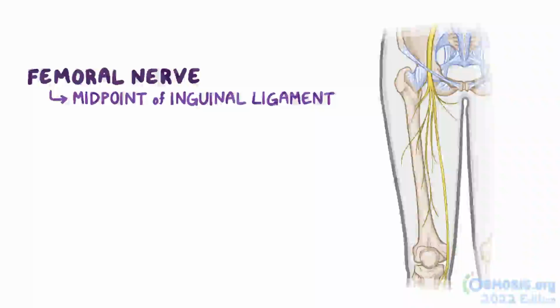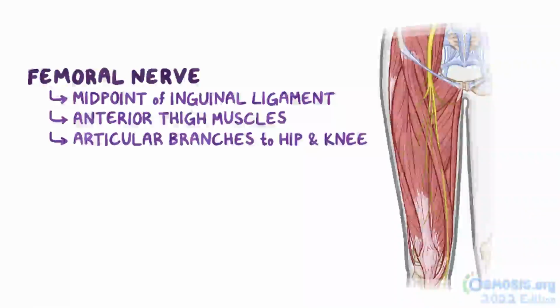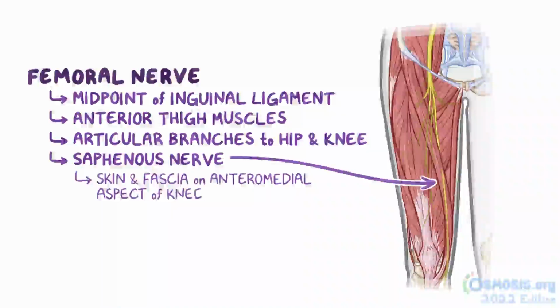Once in the thigh, it sends several branches to the anterior thigh muscles, articular branches to the hip and knee joints, and terminates as a saphenous nerve. The saphenous nerve then descends through the femoral triangle, accompanying the femoral artery and vein in the adductor canal, and goes superficial to the adductor hiatus and runs antero-inferiorly to supply skin and fascia on the anteromedial aspect of the knee, leg, and foot.